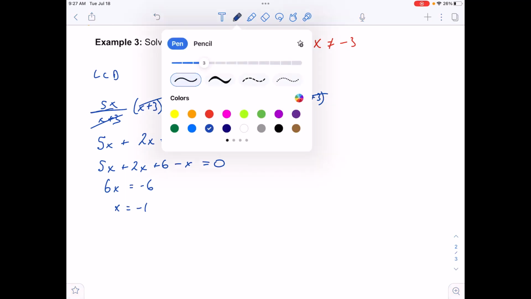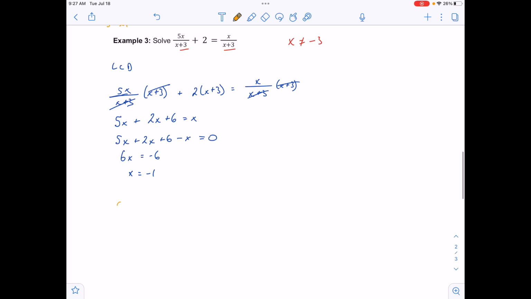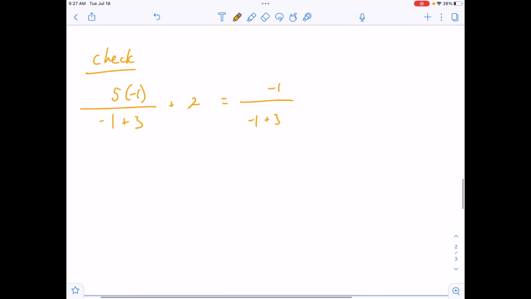And then we're just going to check to make sure that x is equal to negative 1 even works properly. 5 times negative 1 divided by negative 1 plus 3, all plus 2, will be negative 1 over negative 1 plus 3. 5 times negative 1 is negative 5.